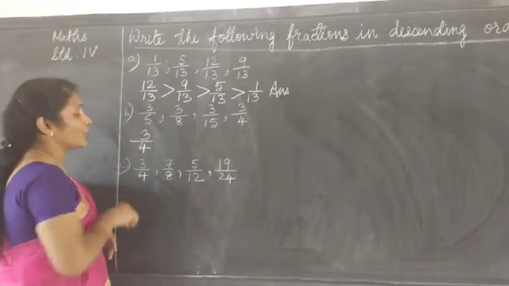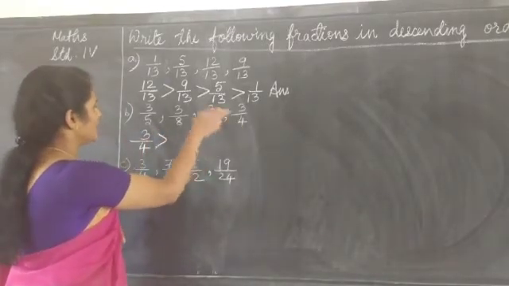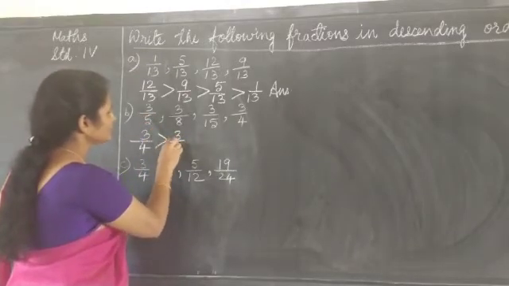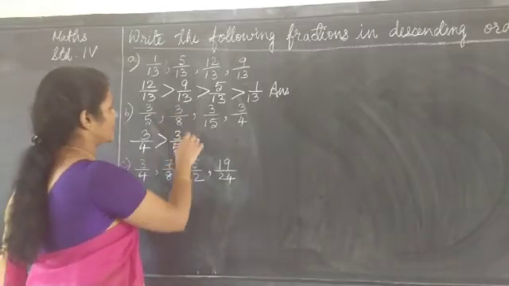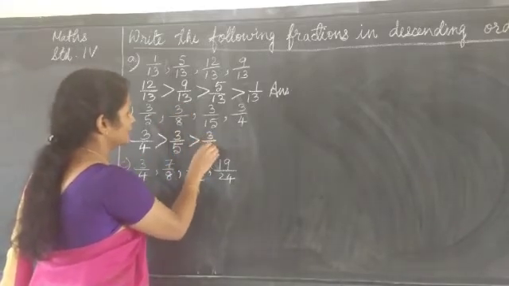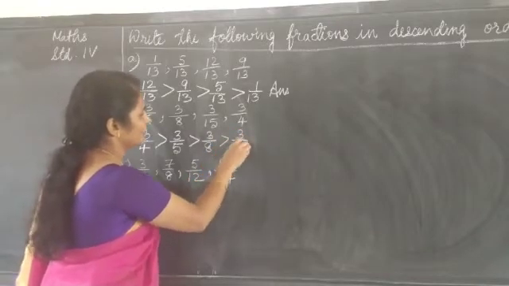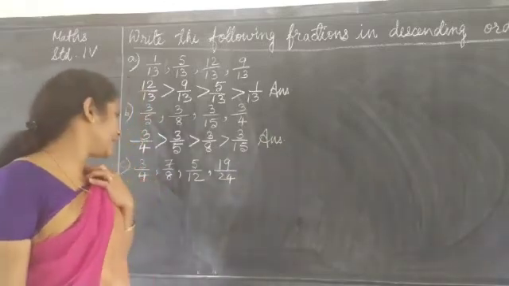So 3 by 4 is the greatest fraction. And the next one will be 3 by 5. After 5, which is the next number? 8. Then 3 by 8. Then the next one is 3 by 15. We have written them in descending order.